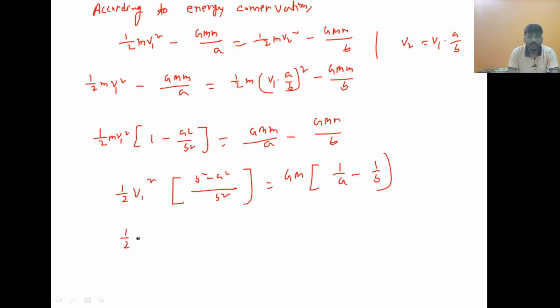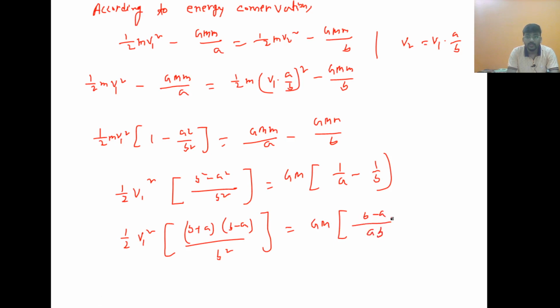That will be half into v1 square into b plus a into b minus a divided by b square is equal to G capital M into b minus a divided by ab. So b minus a will be cancelled out, and one b will also be cancelled out from here.